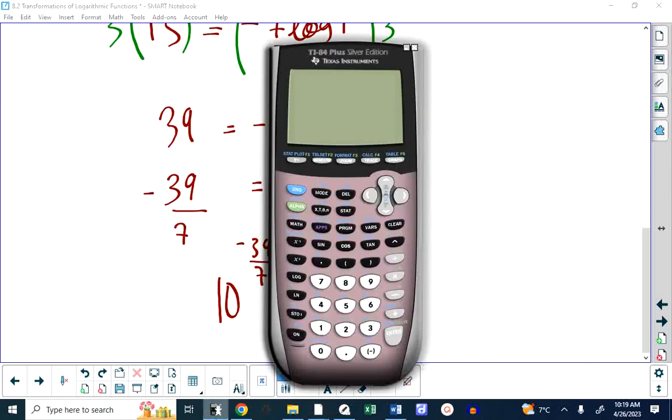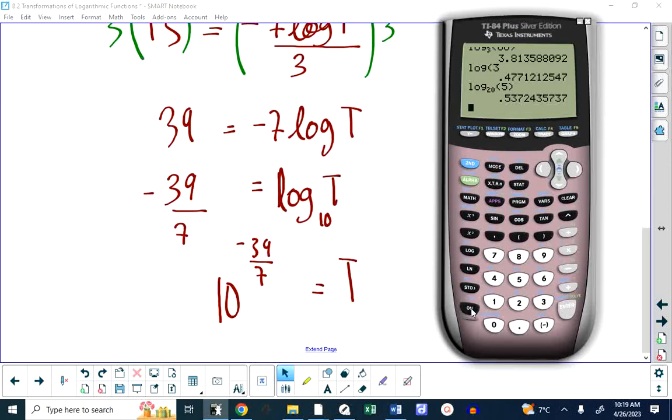That will be our answer. Interestingly enough, if you look at your log key, which is a base 10 logarithm, and you look at the second function of it, it says 10 raised to. Because 10 raised to x is the inverse of log base 10 of x. Anyway, I don't typically do that. I just say 10 raised to bracket negative 39 over 7.